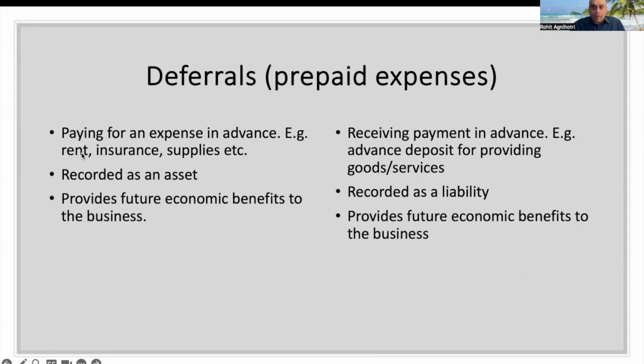Let us say you pay for rent, insurance, supplies. You record a deferral. Okay, this is recorded as an asset. Remember, when we paid for supplies, the supplies became an asset. When we paid for rent in advance, it became an asset called prepaid rent. Why? It is because it will provide future economic benefits.